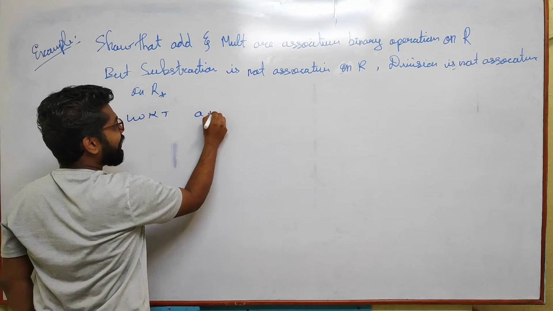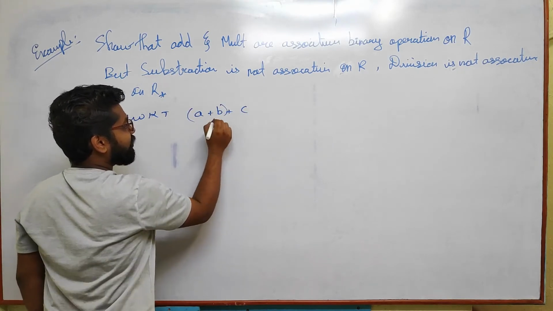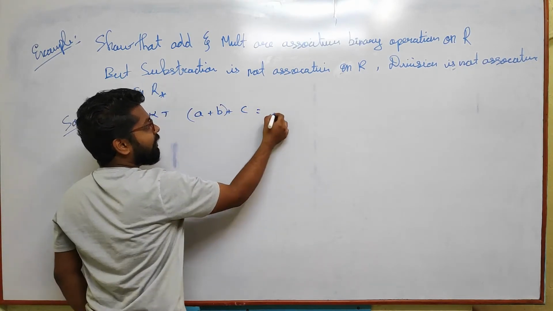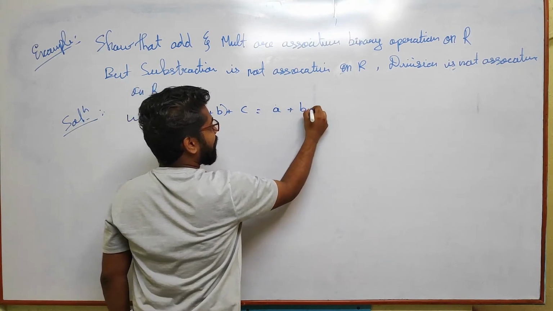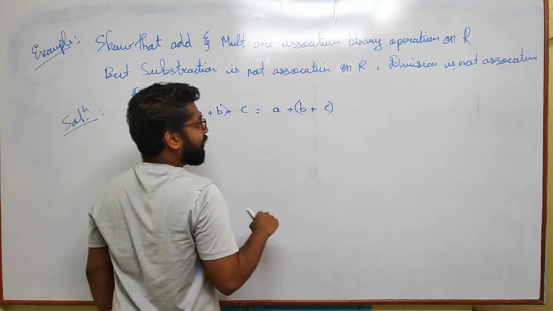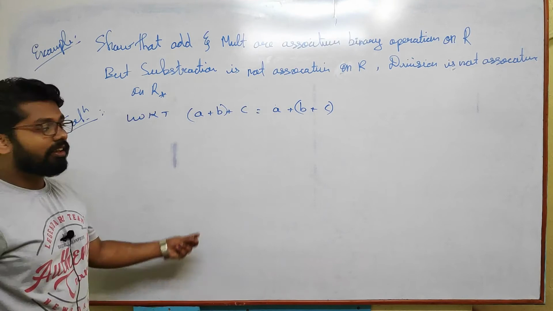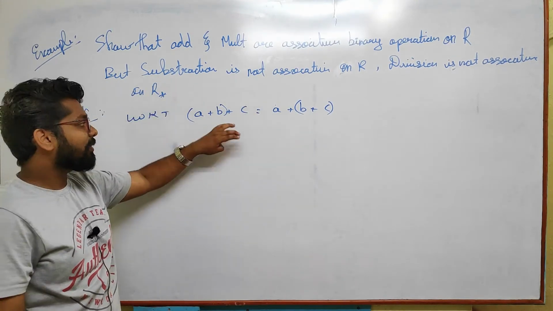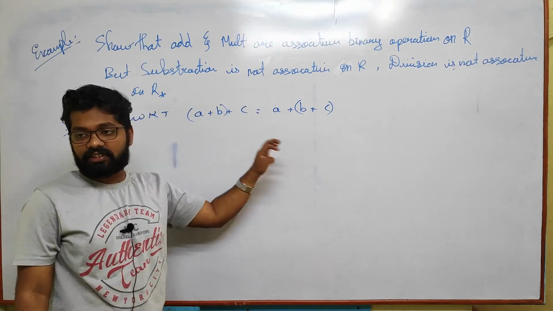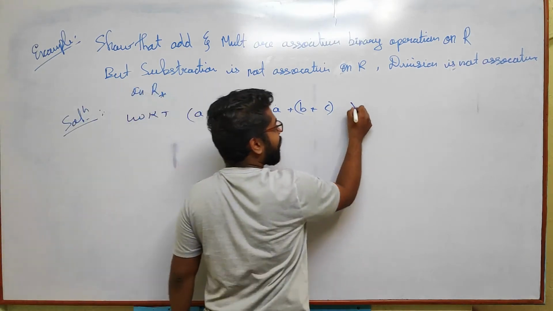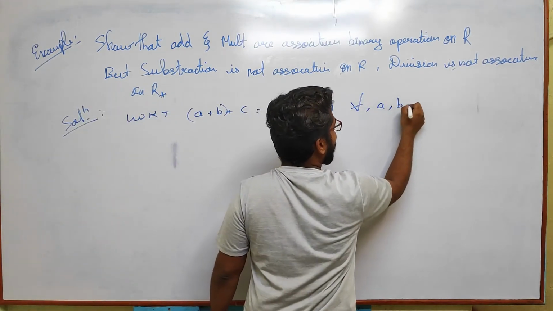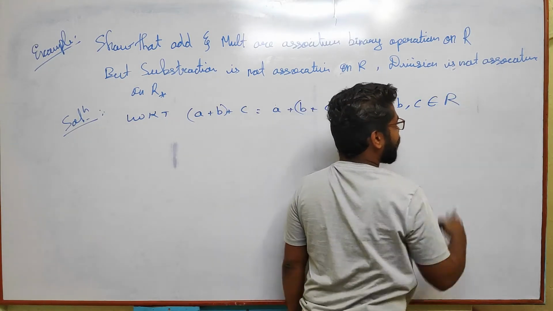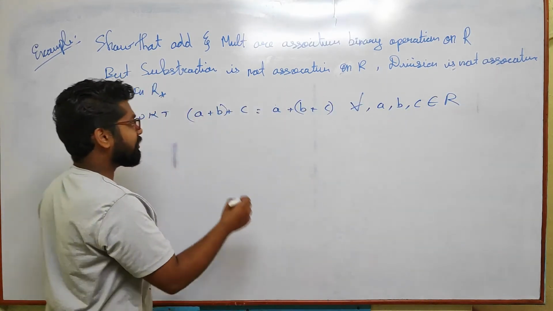So what we can do is A plus B plus C, associating A and B, and A plus B plus C associating B plus C. This holds good, correct? Choose any numbers from the real numbers, and you will satisfy this case. For all A comma B comma C belonging to real numbers, it is true.